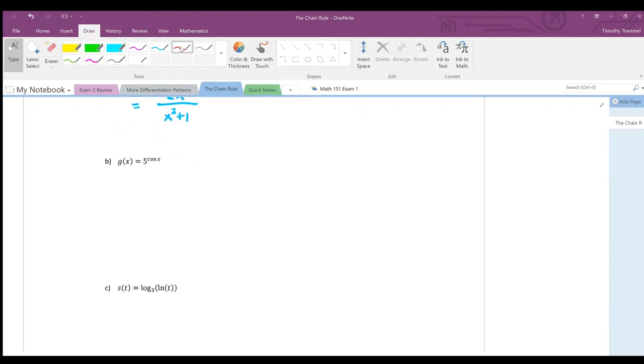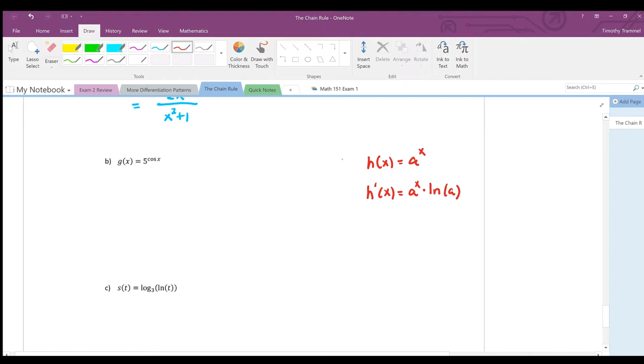Part B. So here we just need to remember that the derivative, maybe I should use a different function name. If you say you have h of x and you're trying to differentiate a to the x, well then its derivative is equal to a to the x times the natural log of a.